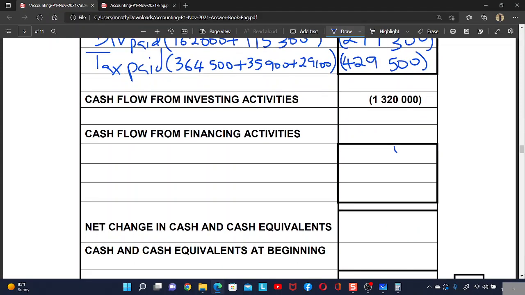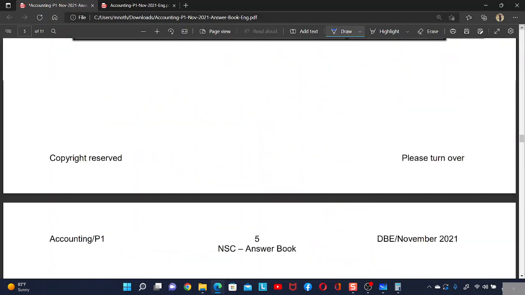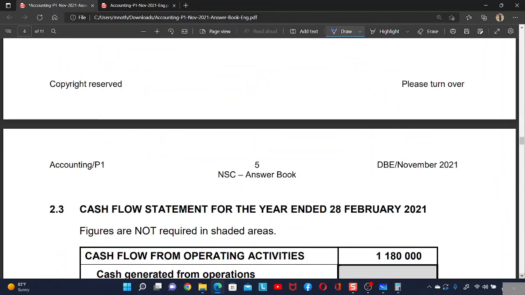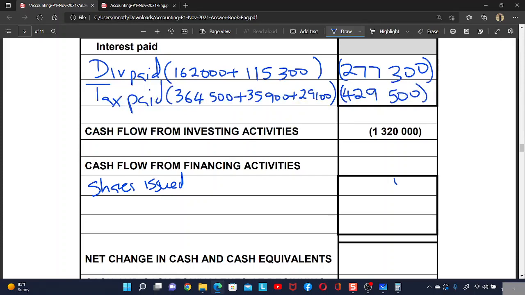And then cash flow from financing activities. So we have the shares issued. How much were the shares issued? It's the new shares issued, it's 1,250,000.